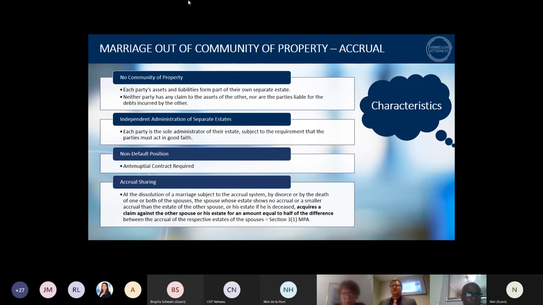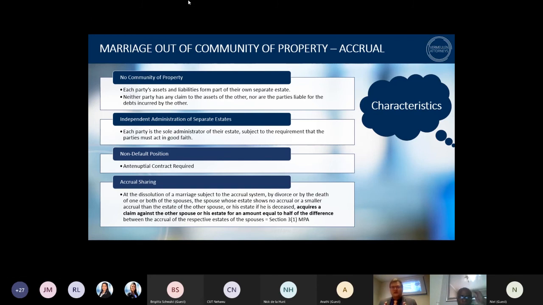Okay. Factor number 1 of a marriage out of community of property with accrual, and the most important one, understand it because this is a huge misconception. There is no community of property. Each party conducts their own separate estate during the course of the marriage.